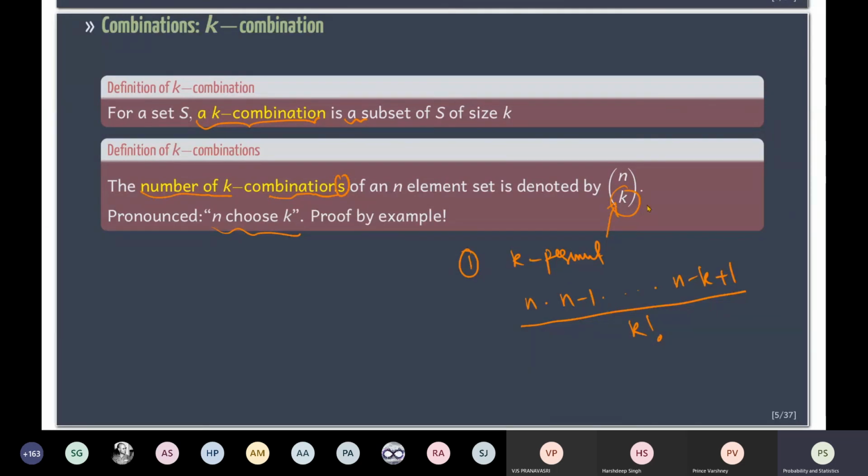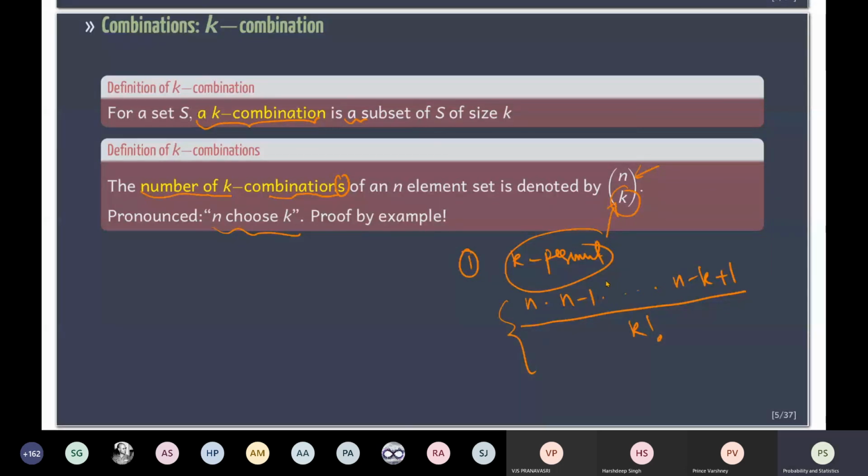Sorry, I'm mixing too many things here. What we have listed out so far is the K permutation, and we have not defined the K combination yet. The first step is clear: we know how to derive the K permutation.